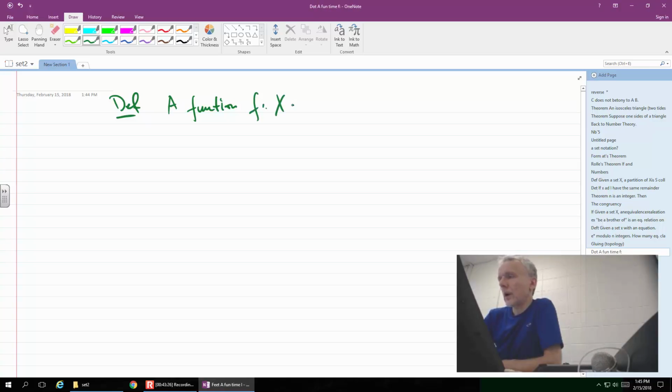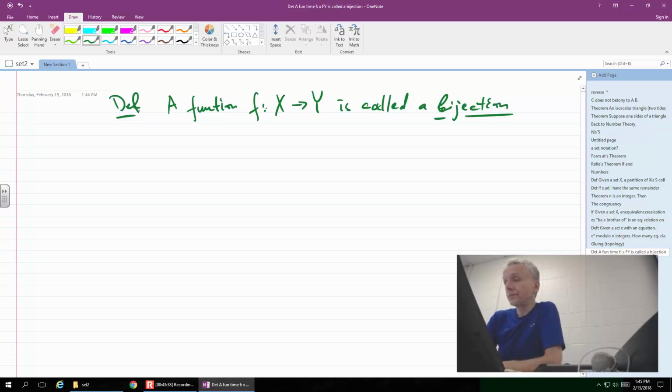A function f from X to Y is called a bijection. Well, remember what it's called a bijection? One-to-one and onto.